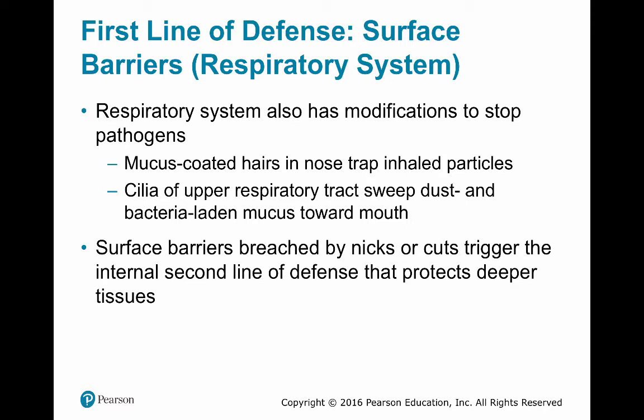So mucus-coated hairs help to trap inhaled particles, and the cilia of the upper respiratory tract sweep all of that mucus down to the digestive system. The problem is if surface barriers are nicked or cut, they can be breached, and that will cause the internal second line of defense to activate and protect deeper tissues.